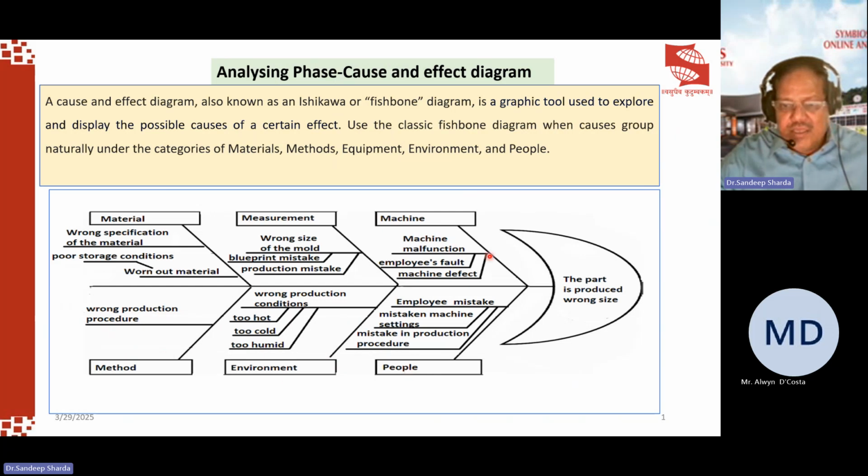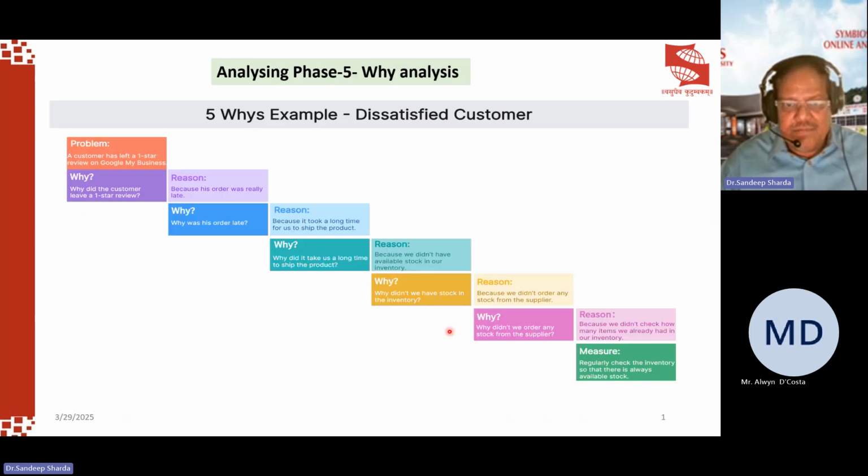We will take the points which can be considered under the machine, for the part produced with the wrong size, whether related to the machine, measurement, material, method, environment, and people. And then we are going to identify the exact malfunctioning, whether it is from the machine, measurement, material, method, environment, or the people.